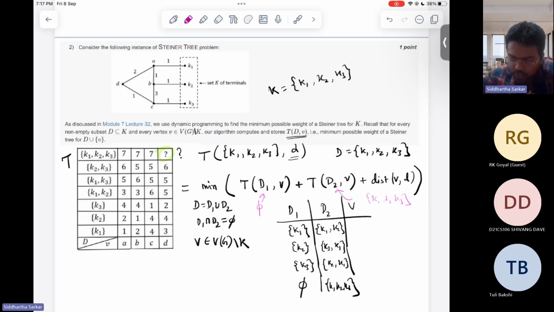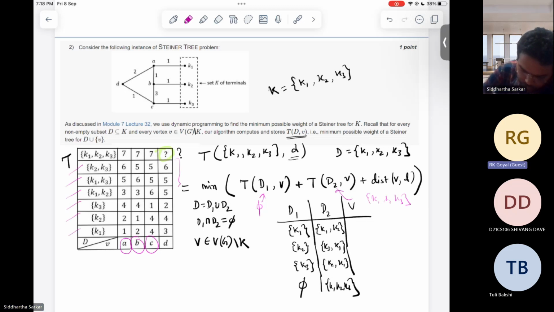We could actually do that, but we don't have the entry corresponding to it. For K1, K2, K3, we have entries corresponding to A, B, C, and we don't have an entry for D. But for all other rows, we have all the entries.